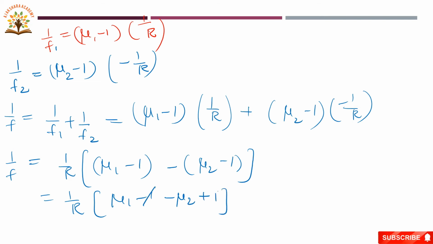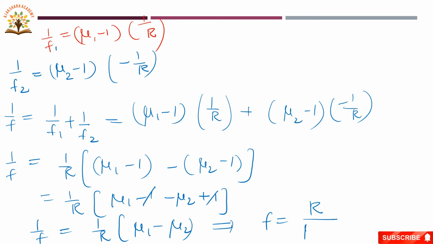Minus 1 plus 1 cancels. So 1 by f is equal to 1 by r into (mu1 minus mu2). So f is equal to r by (mu1 minus mu2). Okay. Next we will go to the next question.